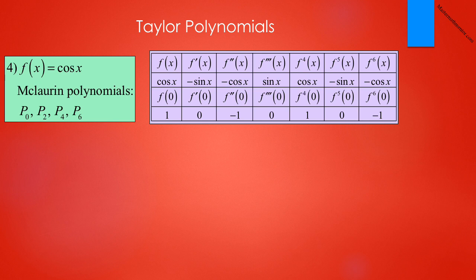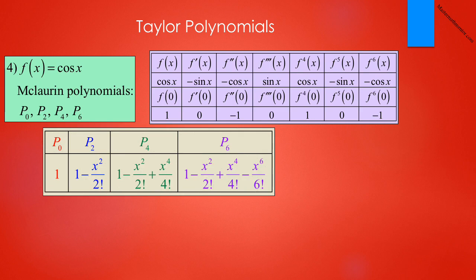Our first derivative is negative sine x, negative cosine x, sine x, and we repeat. So f of 0 is 1, f prime of 0 is 0, f double prime of 0 is negative 1, f triple prime of 0 is 0, and we repeat the process.